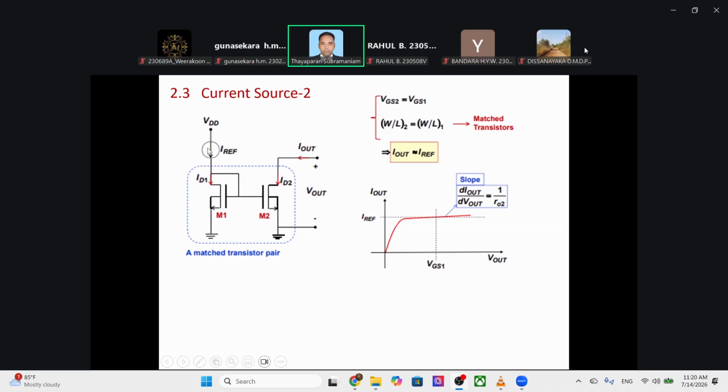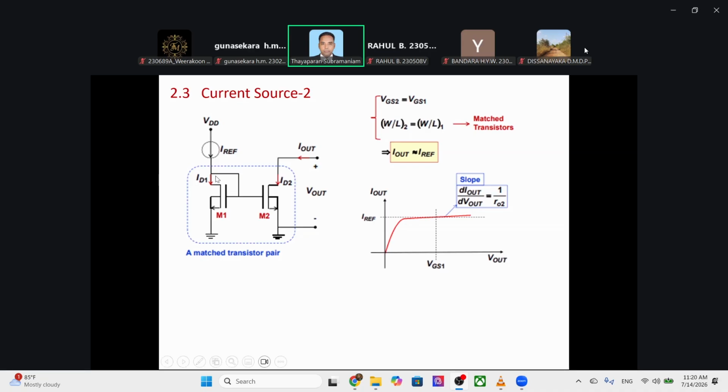So what happens here? There's a current source, and you see there's a connection here. In other words, VDS is equal to VGS, and therefore this enters into the saturation region.